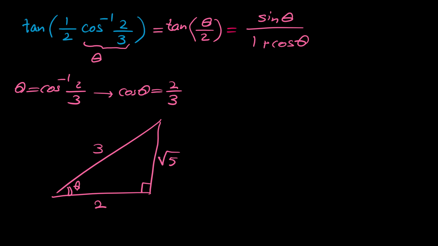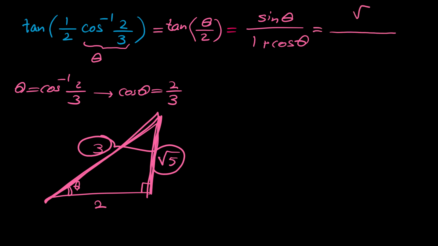Now that we have all the sides of this triangle, we can find the value of sine of theta and cosine of theta. Sine of theta is opposite over hypotenuse, radical 5 over 3. So this equals radical 5 over 3 all over 1 plus cosine of theta. Cosine of theta is adjacent over hypotenuse, 2 over 3.